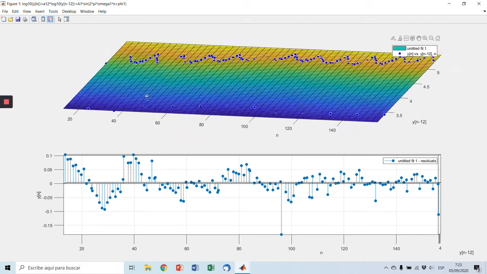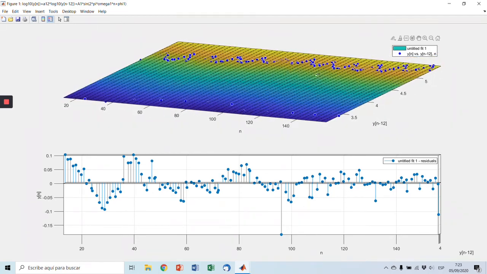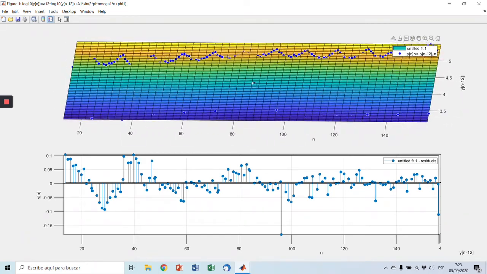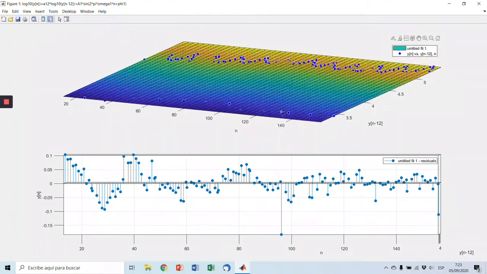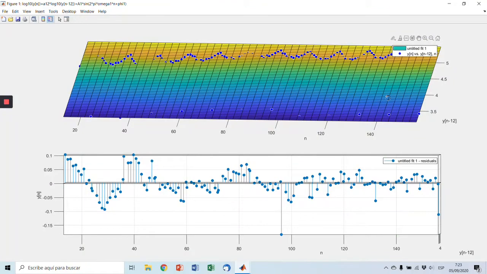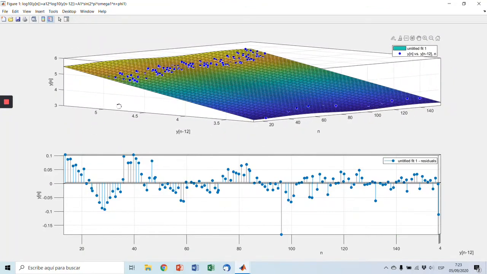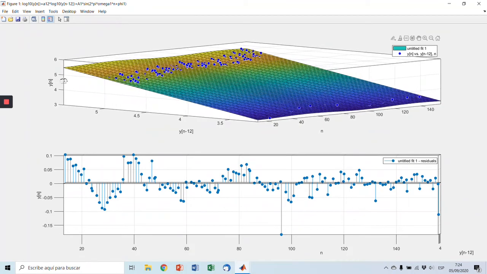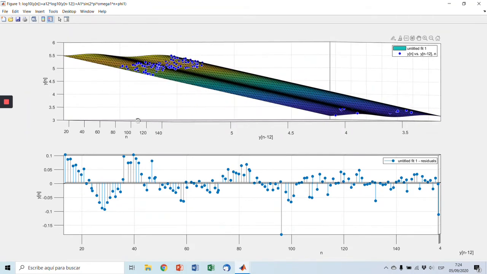So that gives us a surface, and this surface, because of the sinusoid, has a, let me see if I can find the right orientation for this to see the sinusoid. It is not easy. Yeah, here you can see a bit of the oscillations, and yeah, here you can see.